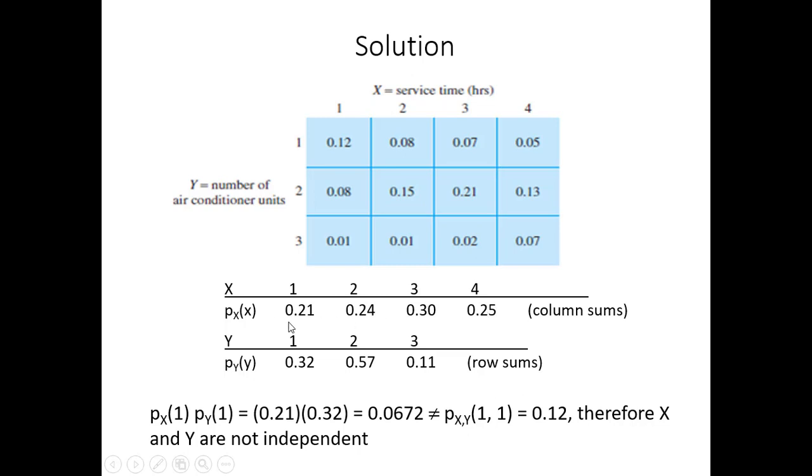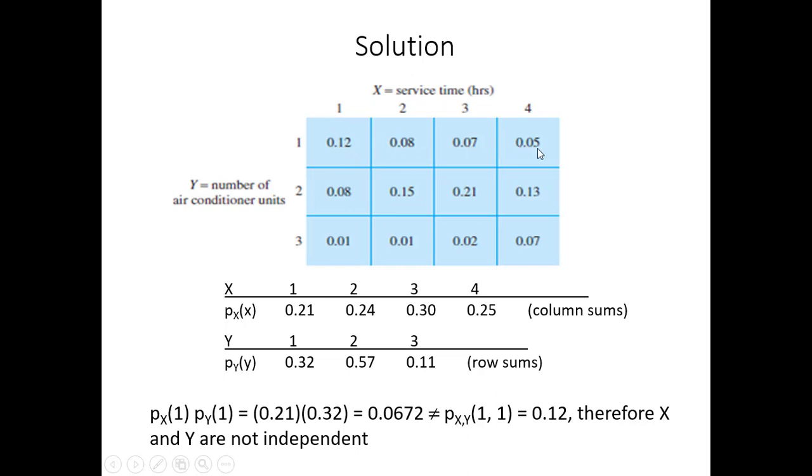To find the marginal PDF with respect to y, we see that y can take on the values 1, 2, and 3. So now we need to find the row sums. For a given y, we sum over all probability values for all x.